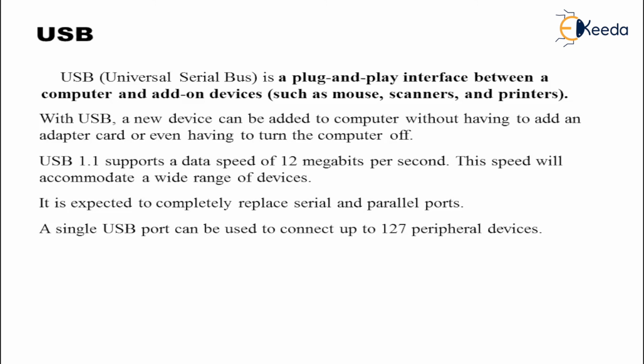USB 1.1 supports a data speed of 12 MB per second. This speed will accommodate a wide range of devices. It is also expected to completely replace serial and parallel ports.